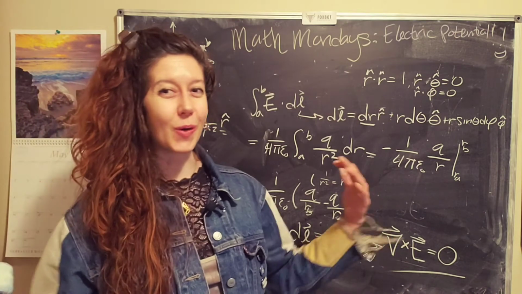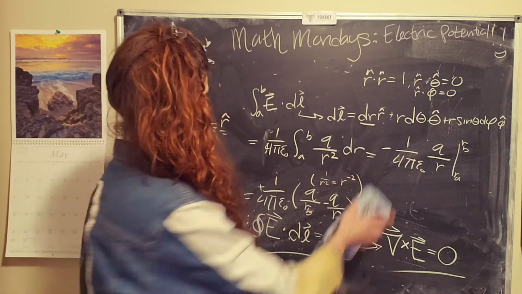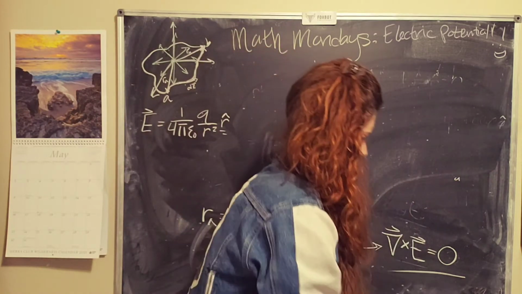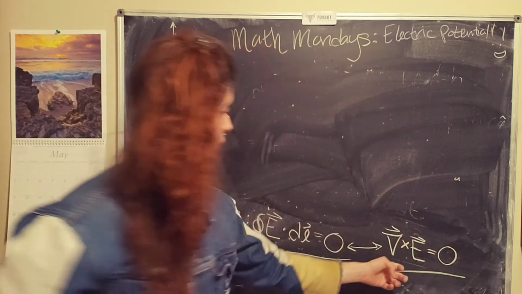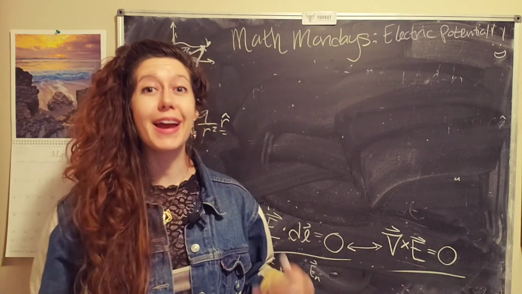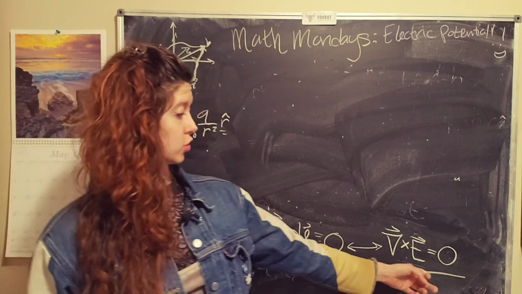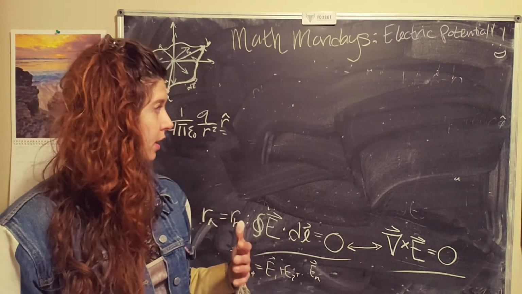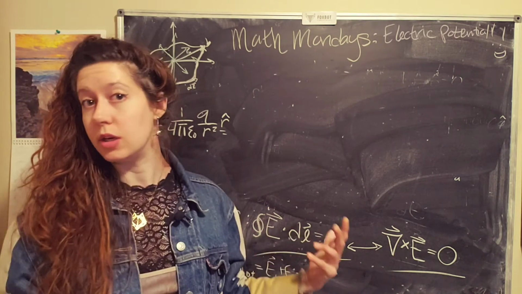Okay, so this is actually where the electric potential comes in, because when this is true, then we have a very special vector. The electric field can't be any equation.